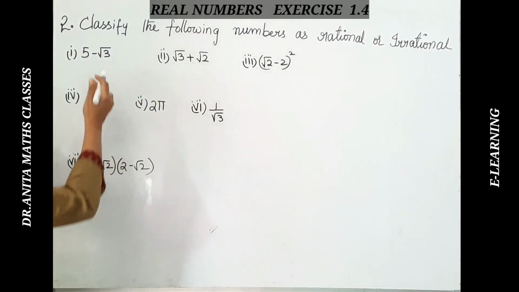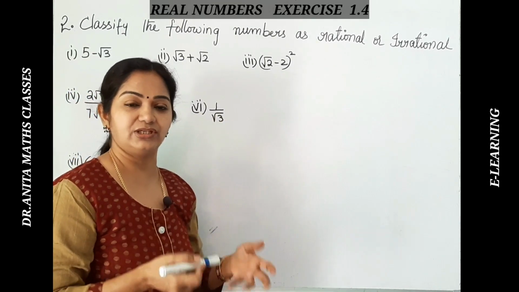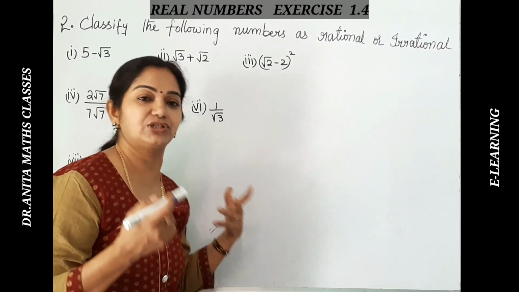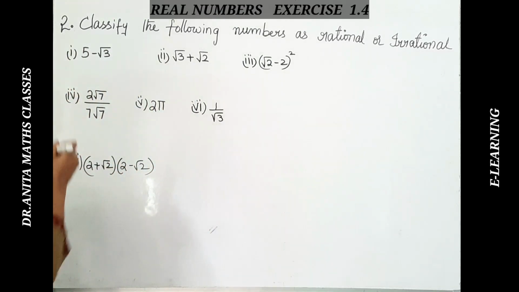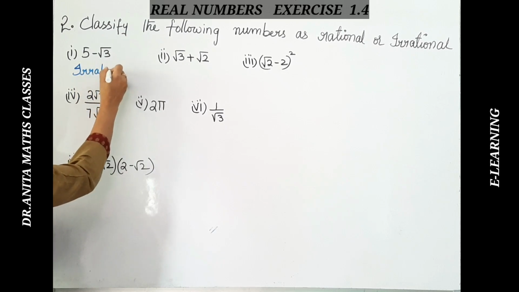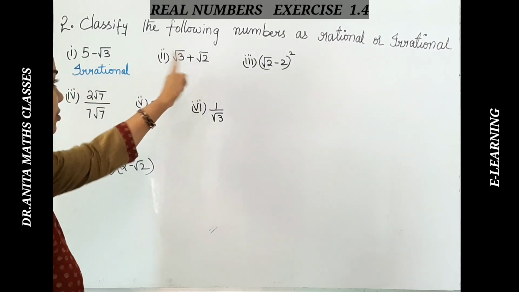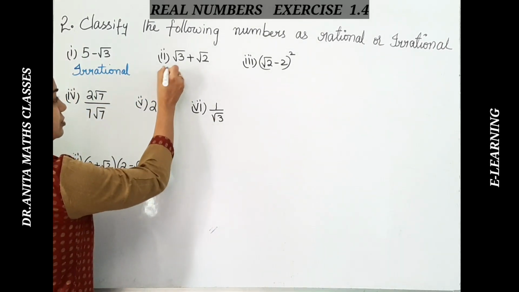A mixture of a rational and irrational, whether the operation is addition, subtraction, multiplication or division, is surely an irrational number. So this is irrational. And the second one, root 3 and root 2, again a mixture of this, so this is also irrational.